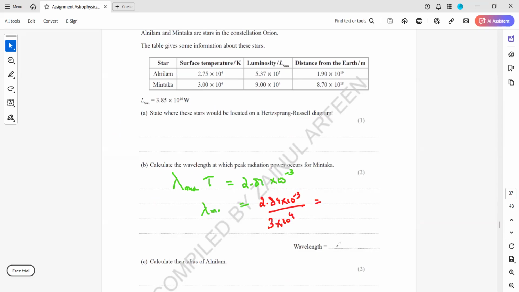What's the answer for wavelength in meters? 9.63 exponent minus 8, yeah.